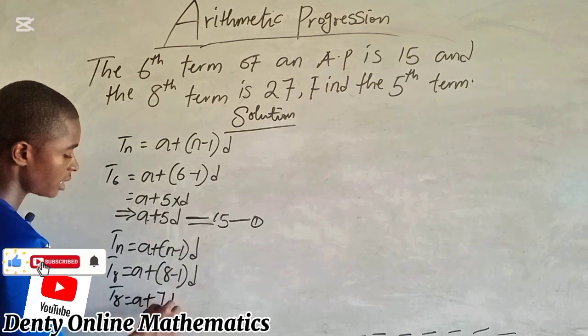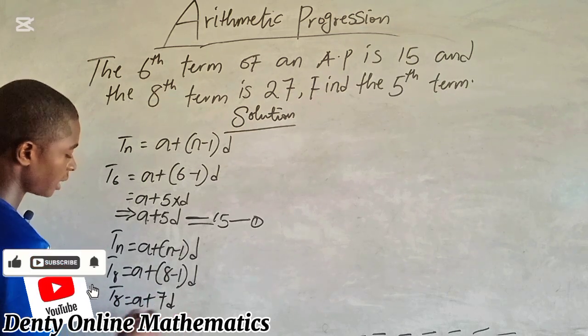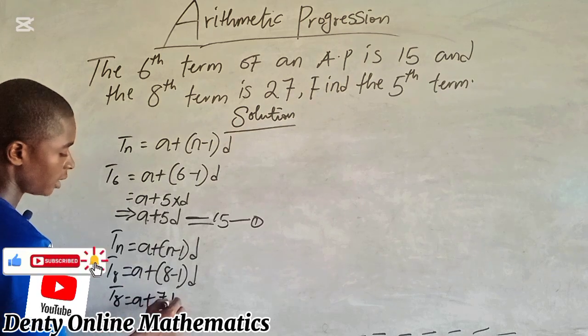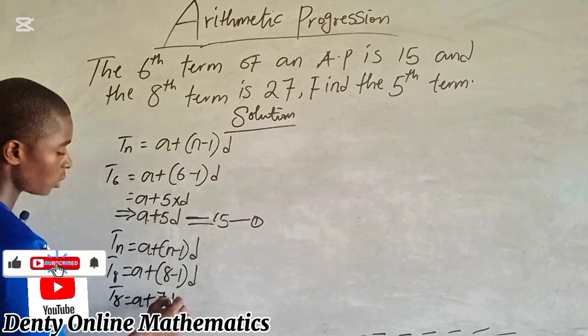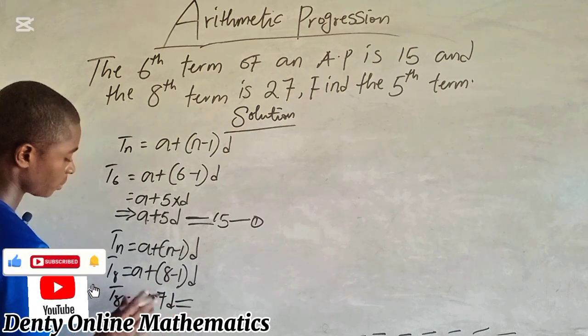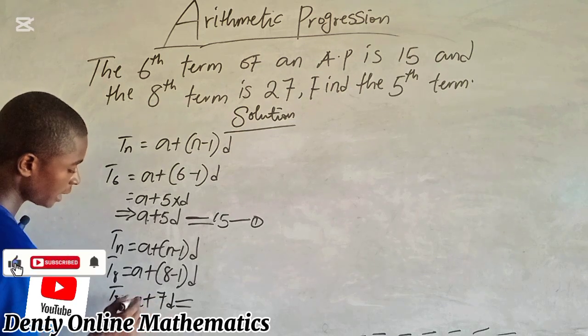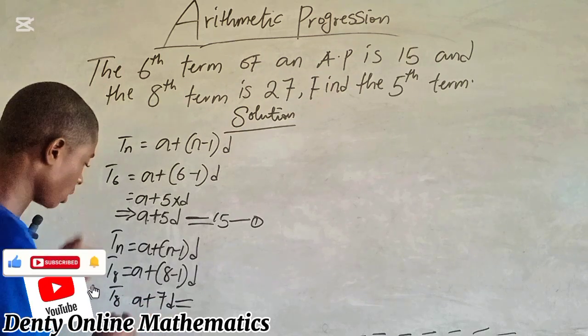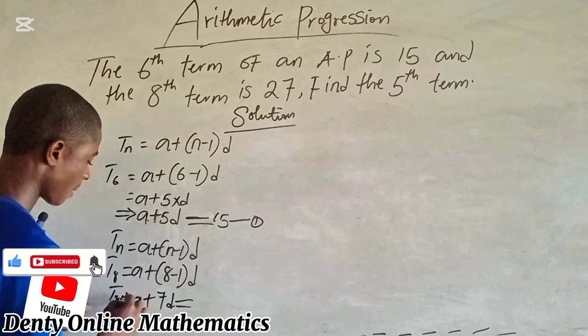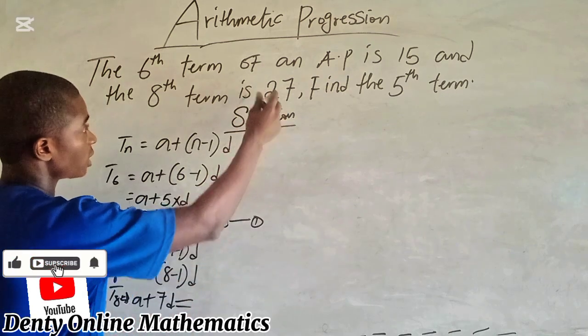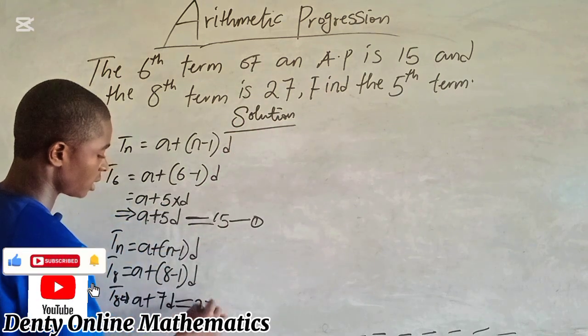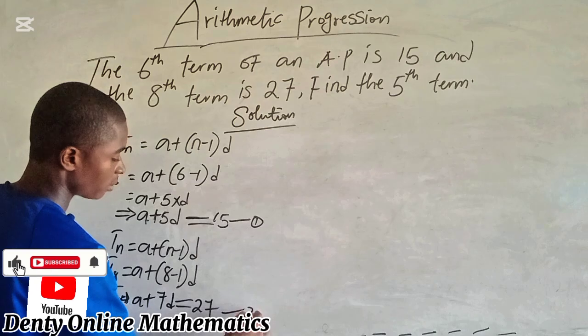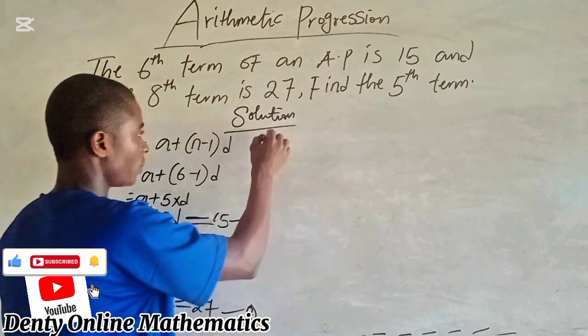We know that the eighth term is 27, so here will be 27, and this will become our second equation.